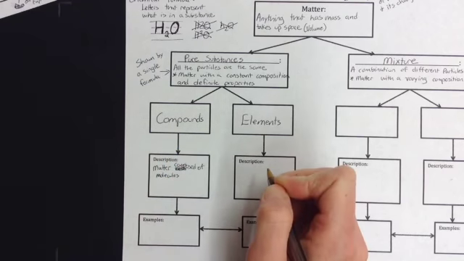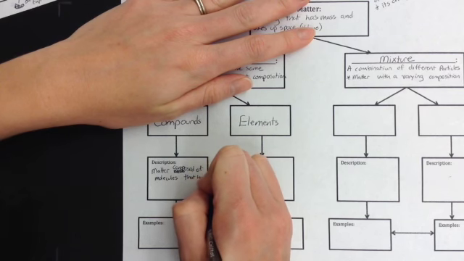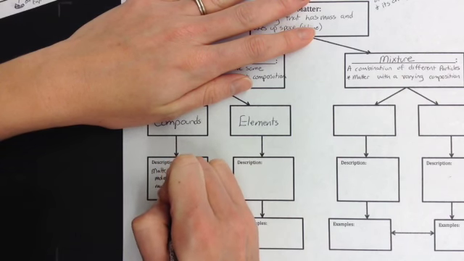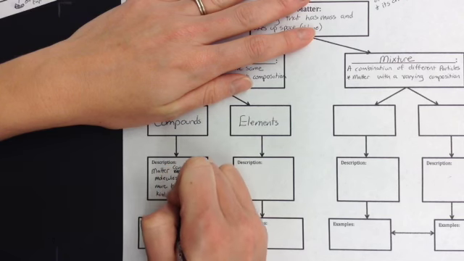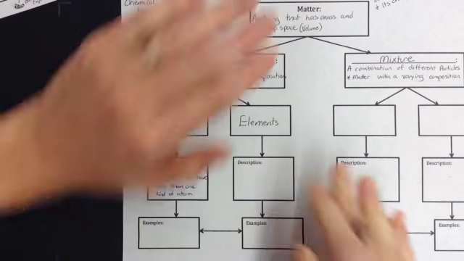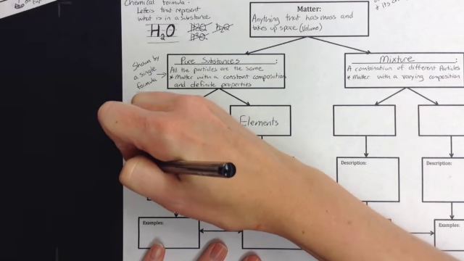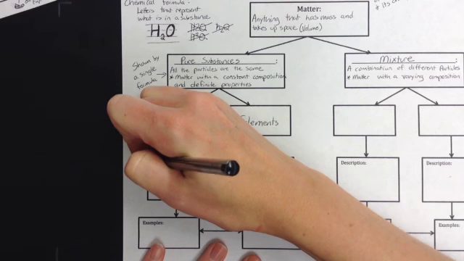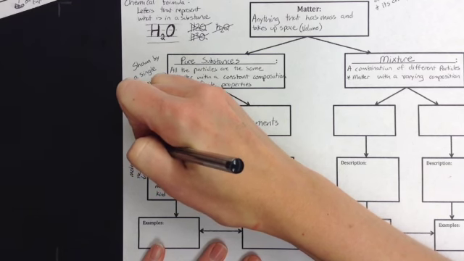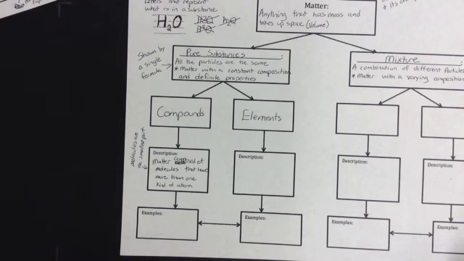We call those groups of atoms that have more than one kind of atom molecules. So a molecule is the smallest part. Molecules are the smallest part. If you cut up a molecule in a compound, it stops being the compound.